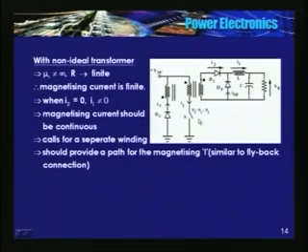Open the switch. Magnetizing current has to be continuous, so it starts flowing in the tertiary winding. All dots are negative now. So I2 is 0, I1 is 0, I3 is finite, and it provides a path for the magnetizing current.